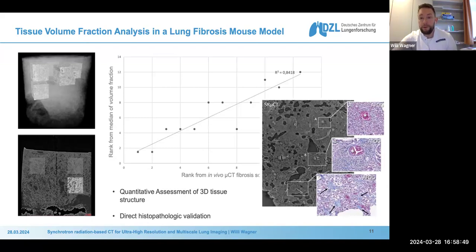Not only can we tell that more tissue volume fraction means worse fibrosis, but we can also tell you exactly what's behind the increase in tissue at any given space, because we are able to correlate or integrate the histopathology directly into our images.